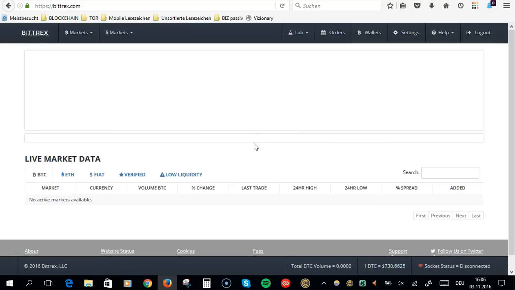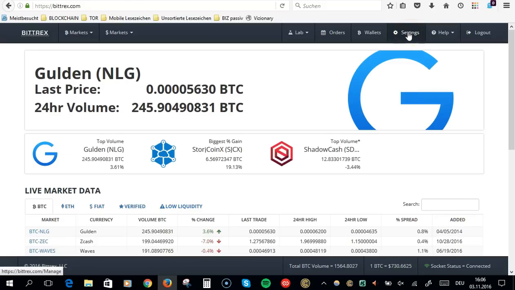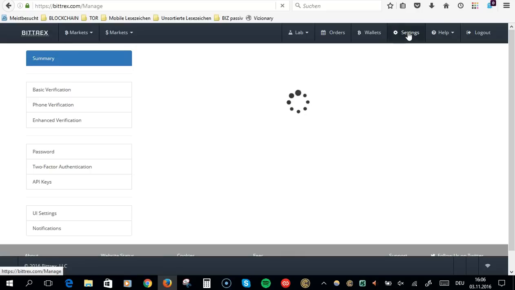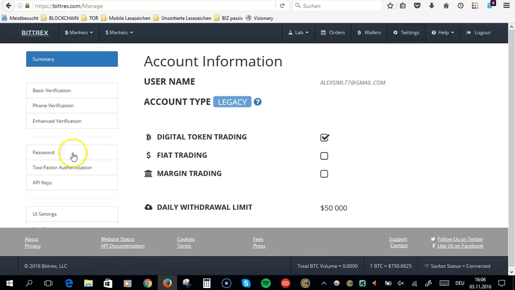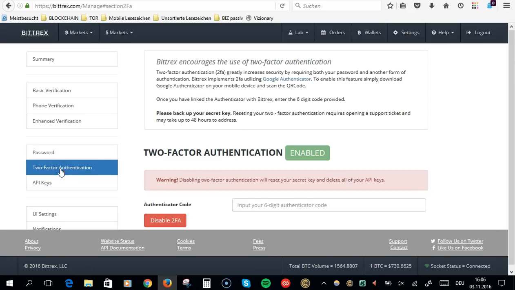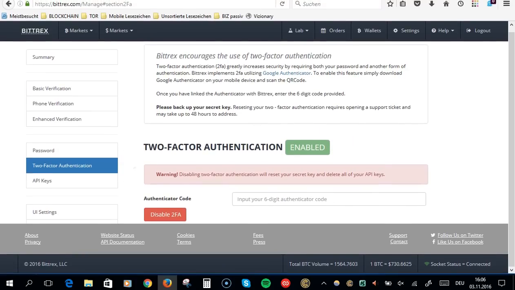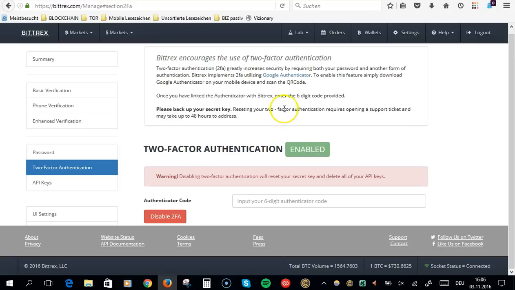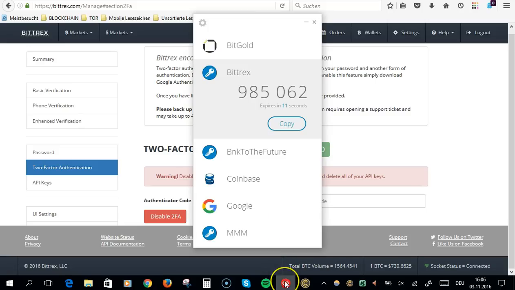You can go here to settings to set this all up and to start with securing your account. Right here, two-factor authentication. It is enabled of course, and what you do is you link this to the Google Authenticator, for example, or the Authy app that I am using here.